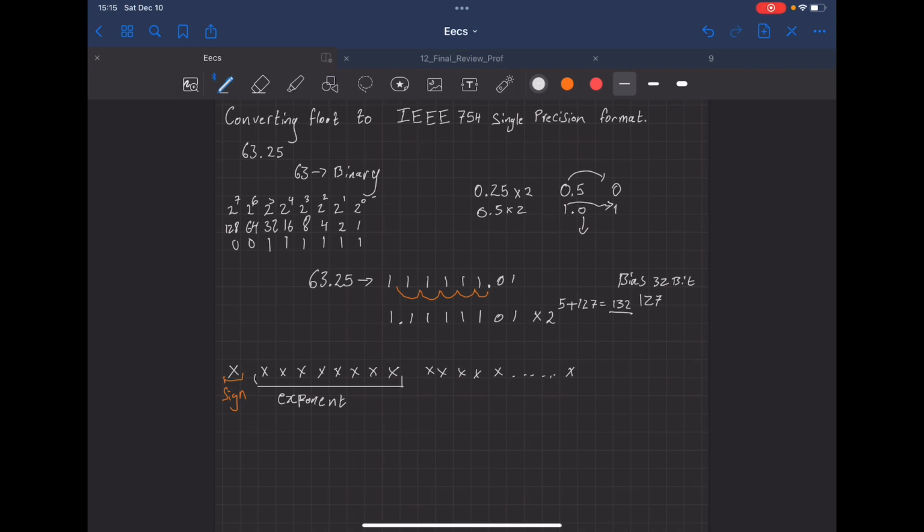Finally, we're going to have all of these bits, which are everything after the decimal, except the 2. So all of the binary digits after the decimal is what this is, and it has a funny name. It's called the mantissa.